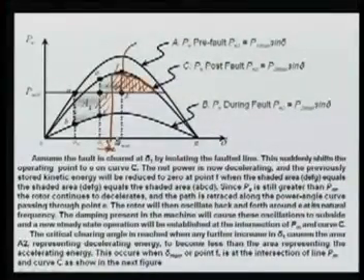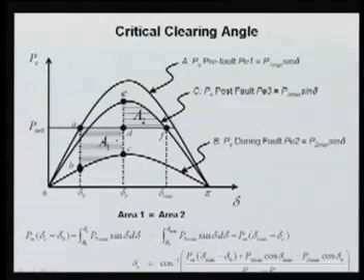So to calculate the critical clearing angle, I want to calculate this delta C at which this area up to this point, that is your PM line, this area A2 will be equal to your area A1. Then we can say our system is marginally stable, meaning beyond this angle, if the fault is cleared, the system is unstable.